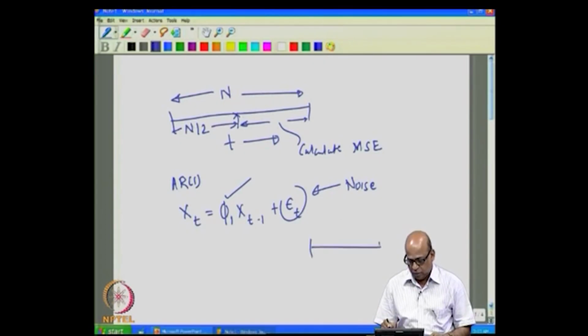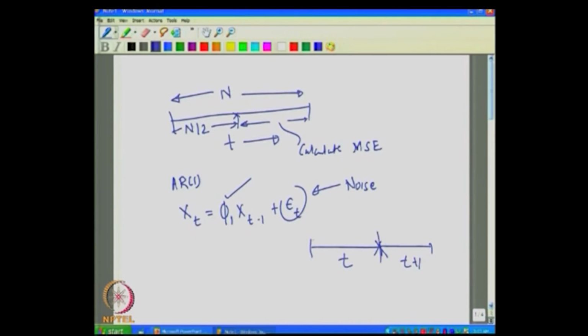Let us say that you are standing in time period t and you want to forecast for time period t plus 1. You know the information available up to this point and you want to forecast x t plus 1. Let us say I write x t plus 1 is equal to phi 1 x t plus epsilon t plus 1. I am writing it for t plus 1 now.